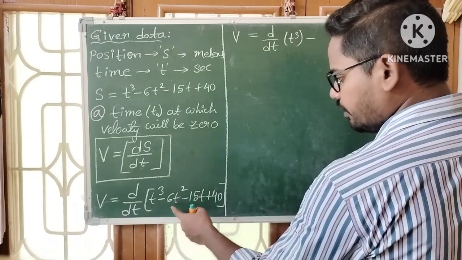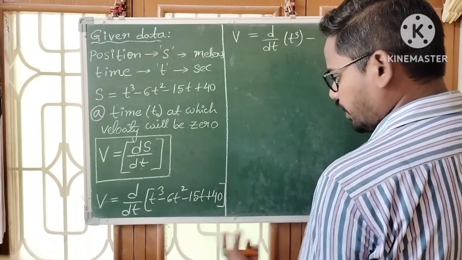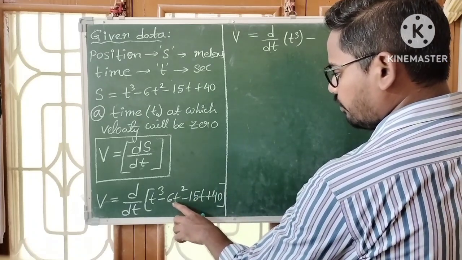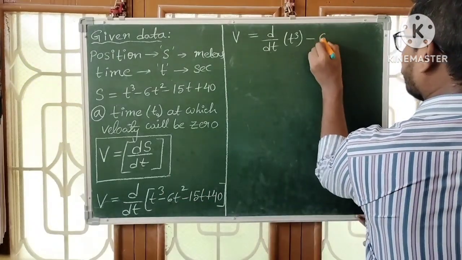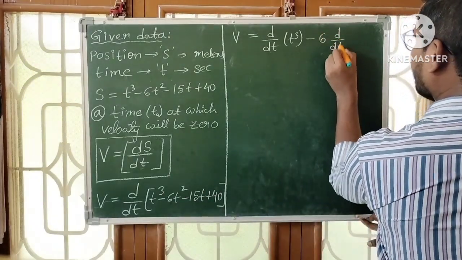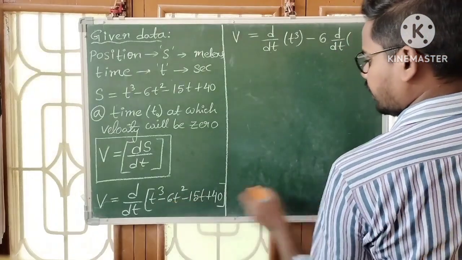While finding the differentiation of any function, in general we separate the variable and the constant. Take the constant out of the derivative and apply the derivative to the variable function.